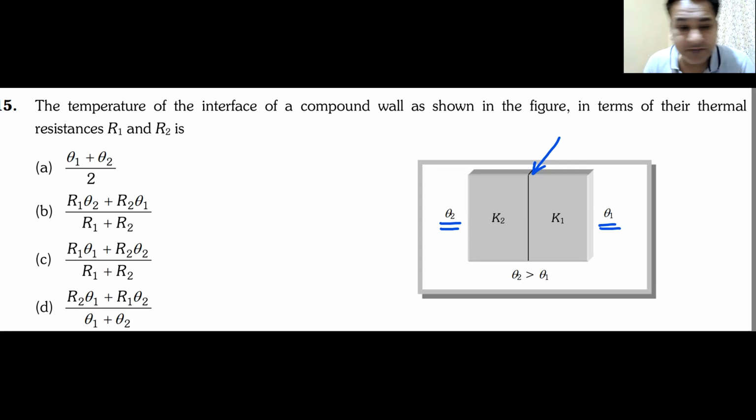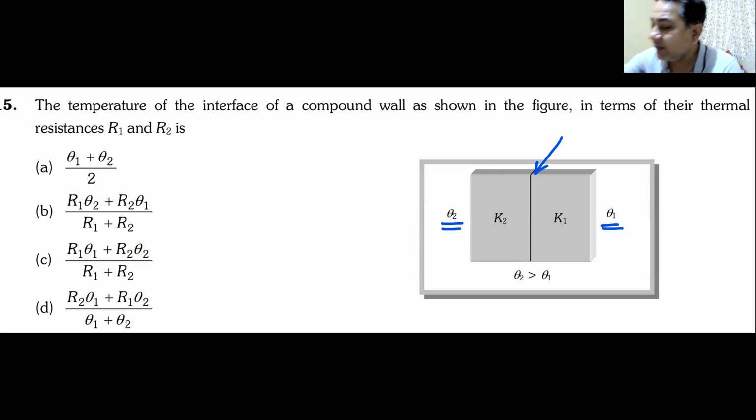Do we understand what I'm saying? Or shall I solve it? If I say that the temperature of this point is T, whatever thermal current flows in this section, the same thermal current flows in this section.